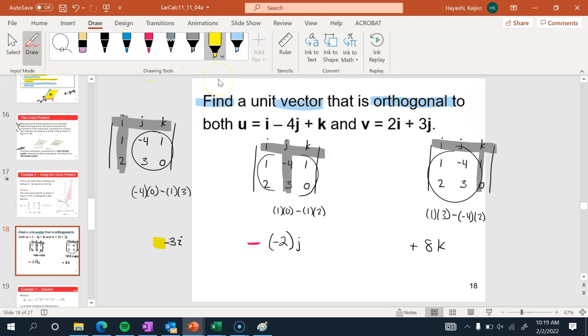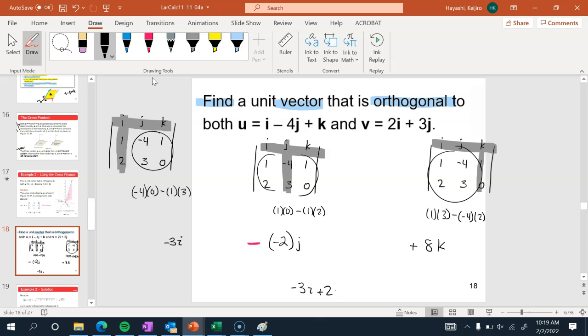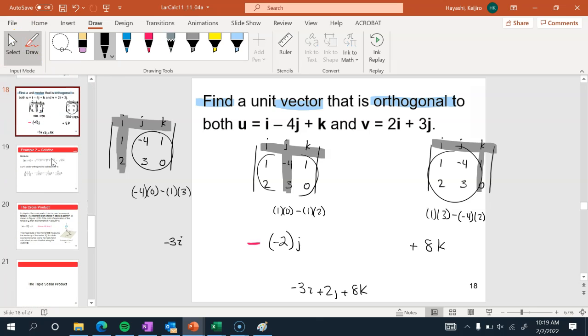All right, so this vector that we have is negative 3i plus 2j plus 8k. That is in the correct direction, but it is not a unit vector because it does not have a length of 1. It has a length of, I guess, like 7, square root of 77 or something like that.